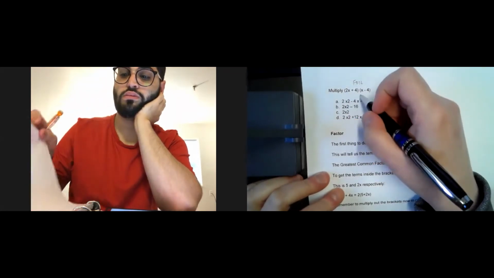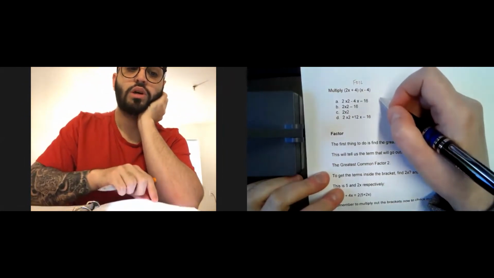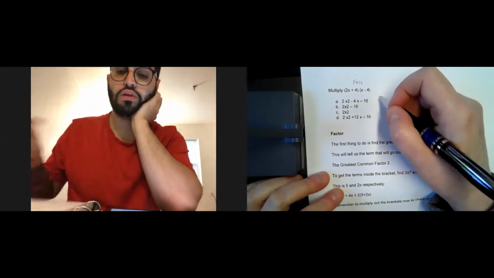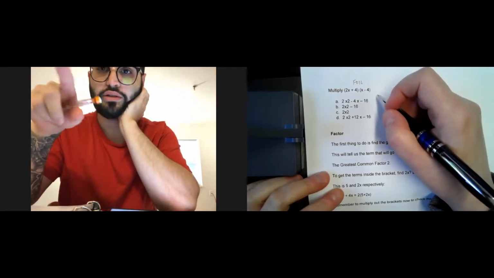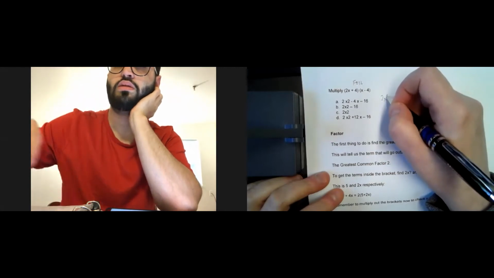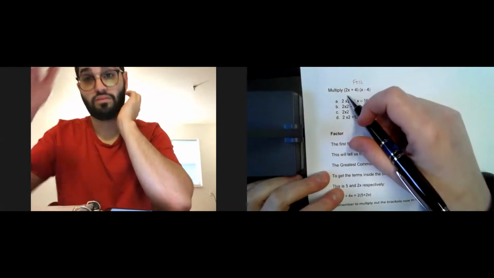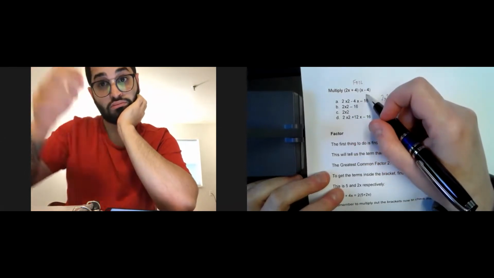So 2x times x is what? 2x and the little 2 on the x. So 2x squared. And then the outside is 2x times 4.